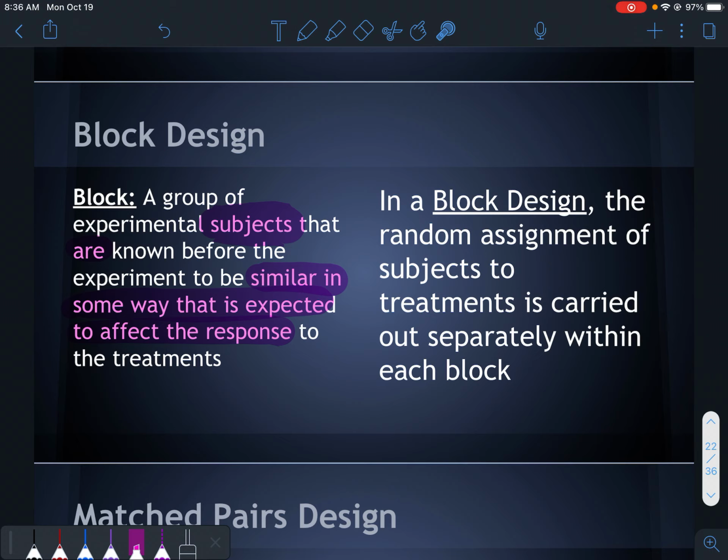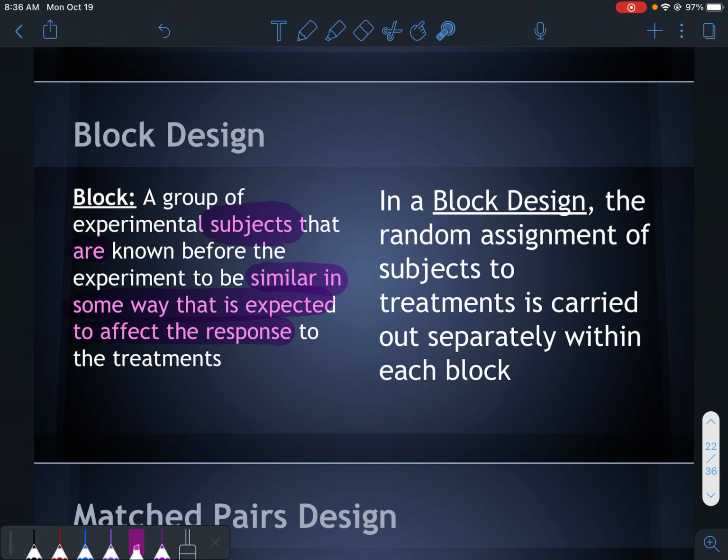Well, is their current hair color a way that it's expected to make a difference? No. What would probably be more important to blood pressure would be, say, your weight class. Are you overweight, underweight, obese, or age? Your group of 20s, your group of 30s. And then within each of those groups we'll split them up from there.